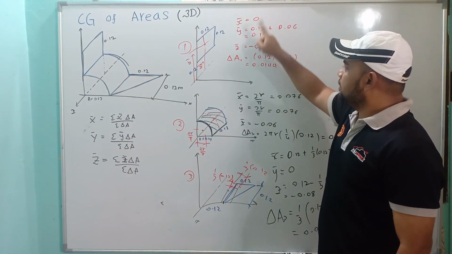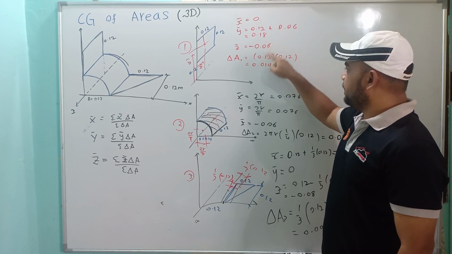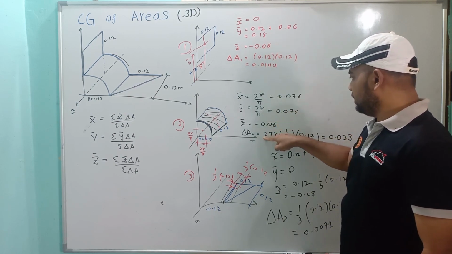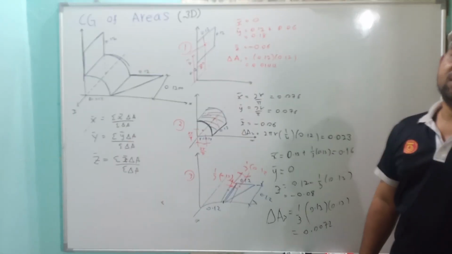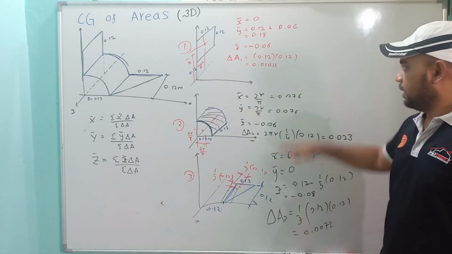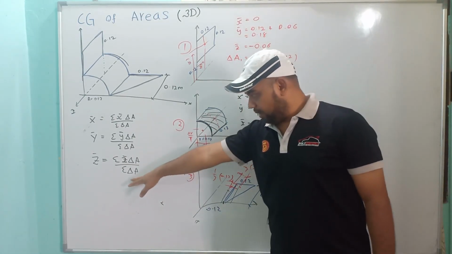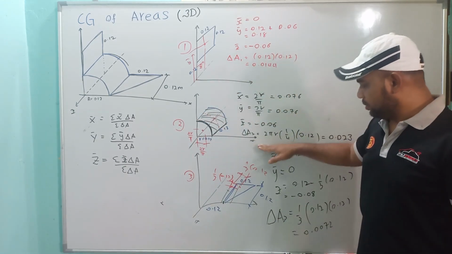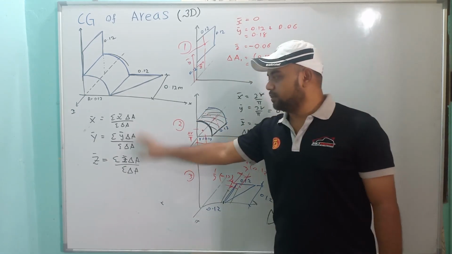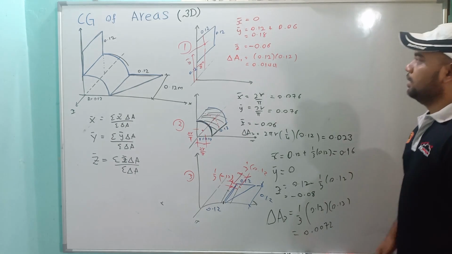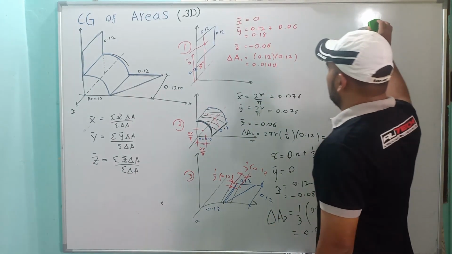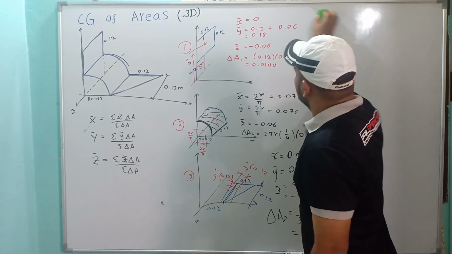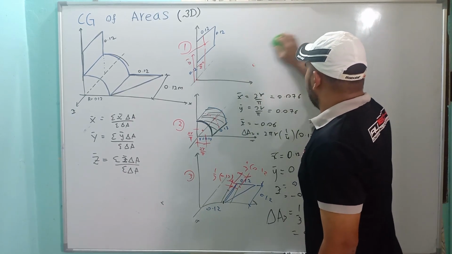X bar delta A, Y bar delta A, Z bar delta A, for delta A1, delta A2, and delta A3, and then you get the sigma of delta A. Or we put it in the table. I've already marked, so put that way.